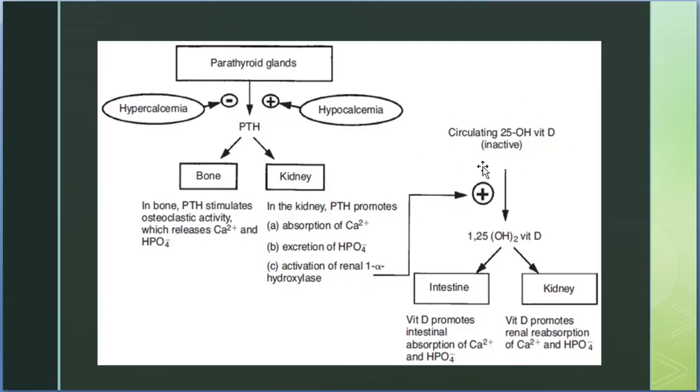This calcidiol will be converted in the kidneys into its active form, which is your calcitriol, 1,25-dihydroxy vitamin D. In the intestine, this activated vitamin D promotes intestinal absorption of your calcium and your phosphate, while in the kidneys, your vitamin D promotes renal reabsorption of your calcium and your phosphate. So this is now the summary of the regulation of those three important hormones.